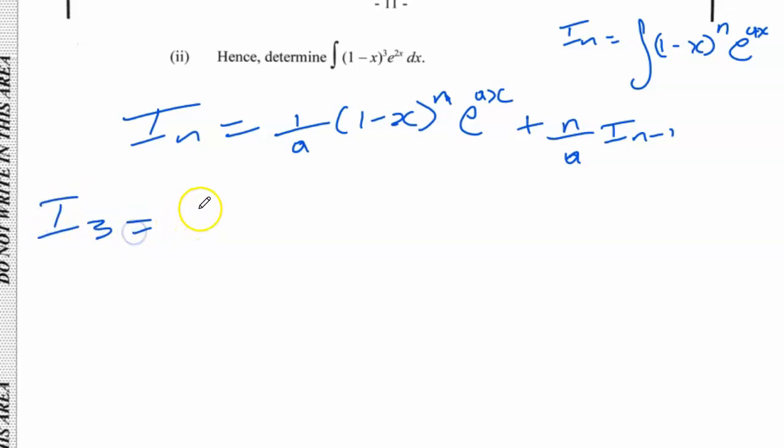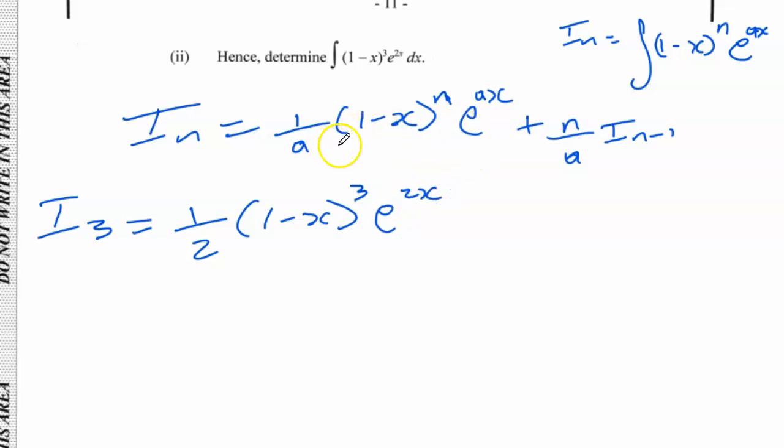So I3, and then notice e to the 2x, e to the ax, so we're going to use a to be 2. So I3: n is 3, a is 2. In this expression, I'm going to replace a with 2. So it'll be 1 over 2, 1 minus x to the power n, which will be 3, e to the 2x.